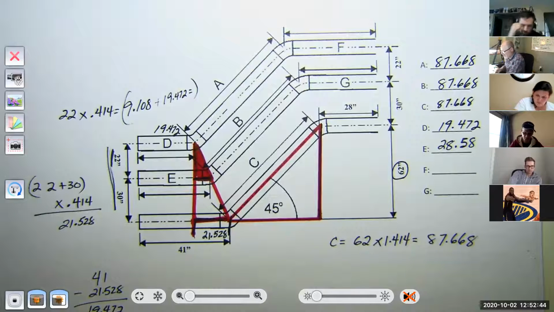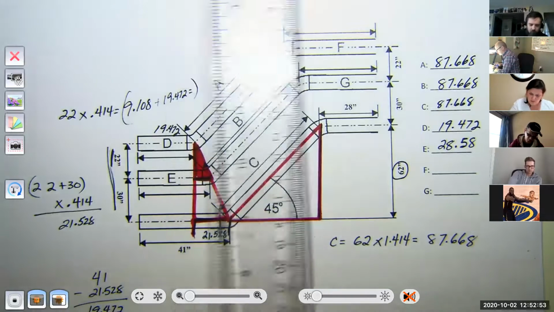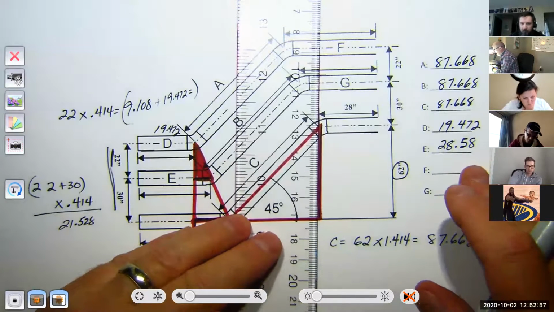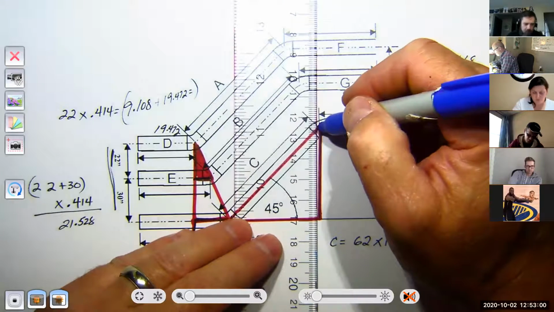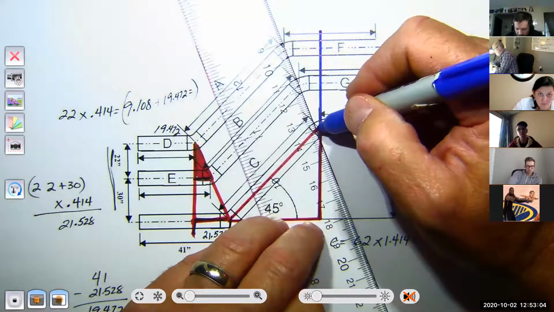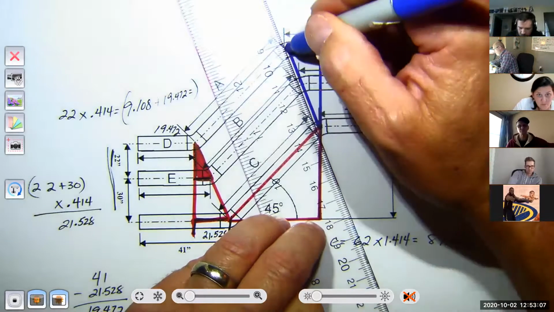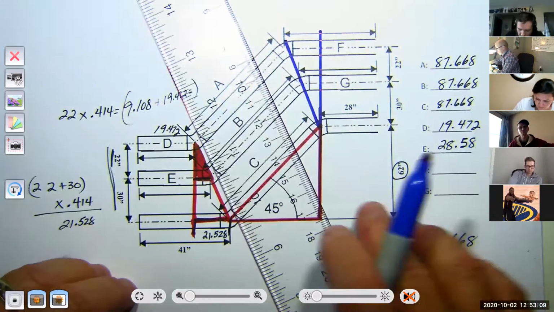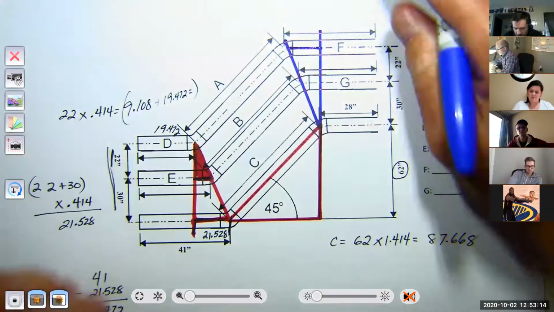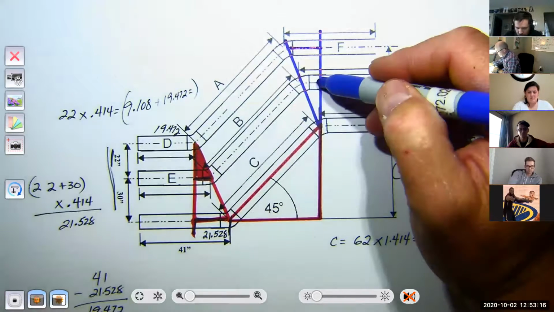F and G are done really the same way, only in reverse. So I'm going to cut my 45 down the middle and make a 22.5 degree right angle triangle.